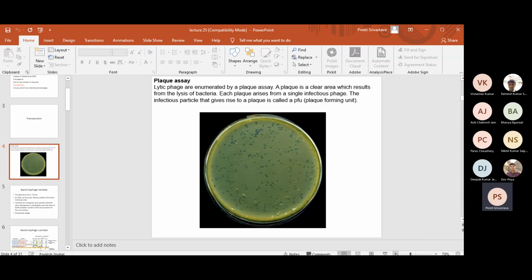Likewise, you need to have some count of phage, viruses as well. Because when you want to perform infection, you would like to know the number of virions, the number of virus particles, which you are incubating with the bacterial samples. For that, the term that is used is called titer.